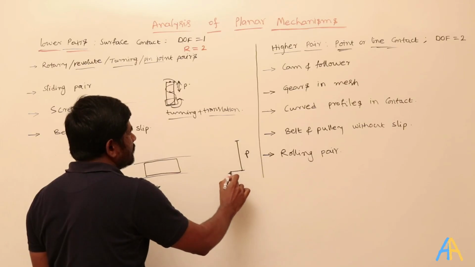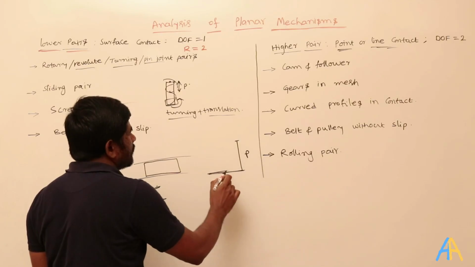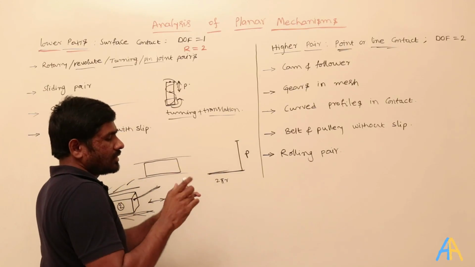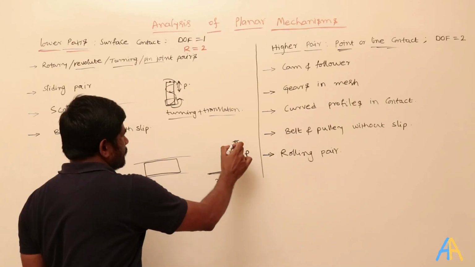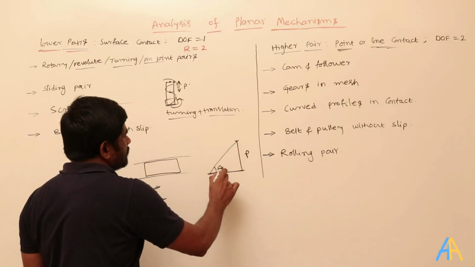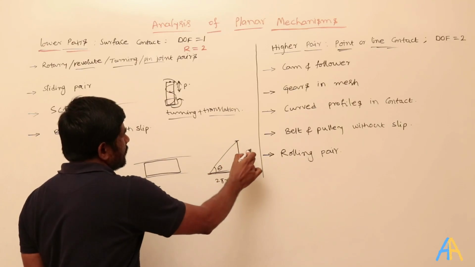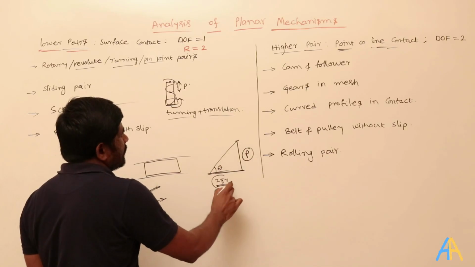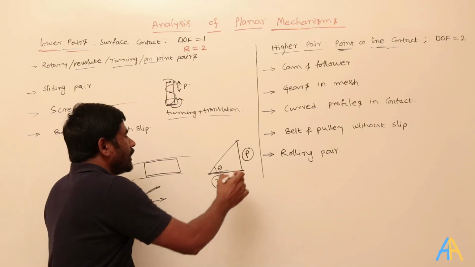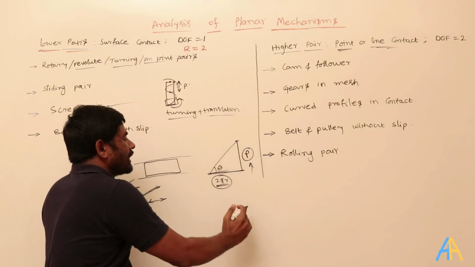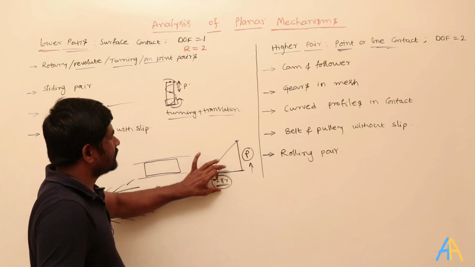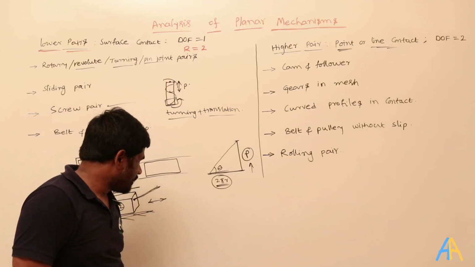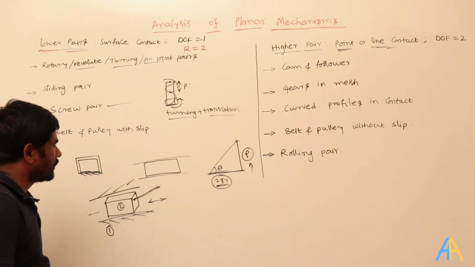How much distance it is moved here is 2 pi r, where r is the radius of this particular bolt. This theta is nothing but the screw angle. So here 2 pi r is the amount of rotation, and p is the amount of translation along the axis. These two are related here, not independent. That is why the degree of freedom here is 1 but not 2.